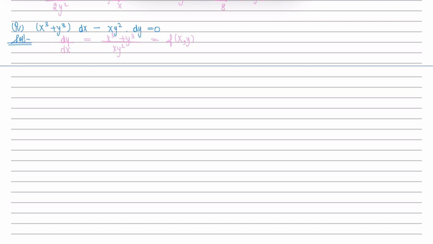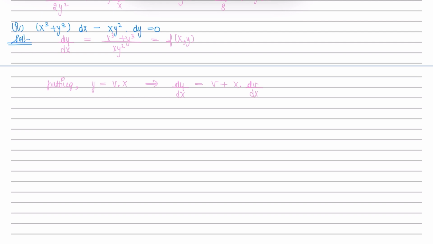Therefore, we can start putting y as v times x. From here we get dy by dx as v plus x into dv by dx.